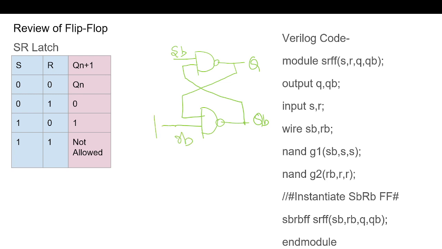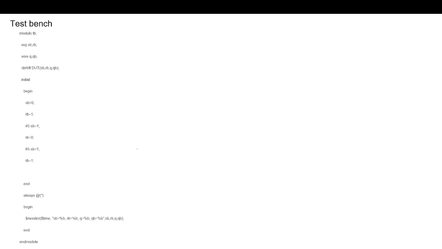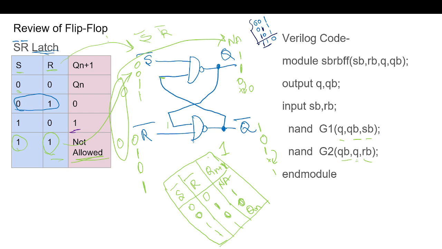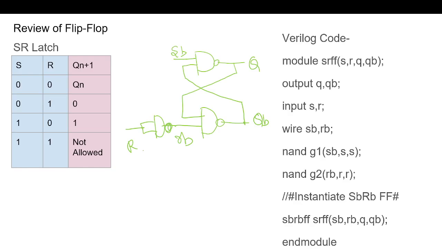Now I need to complement this. Just like how I was complementing and taking the S and R values from the truth table, in the circuit also I will just complement the S value and R value. So I will get the SR latch.